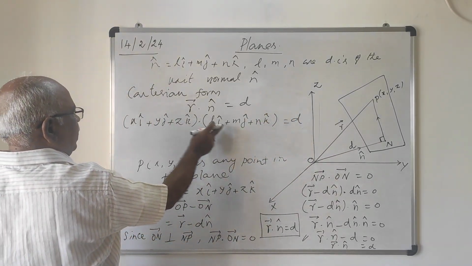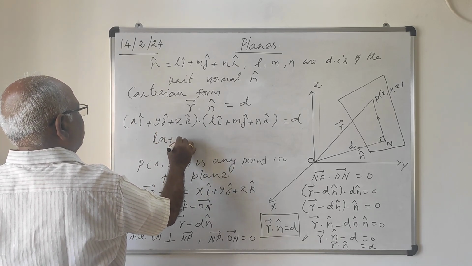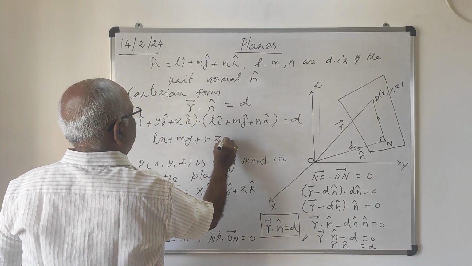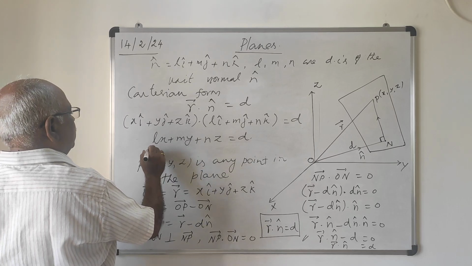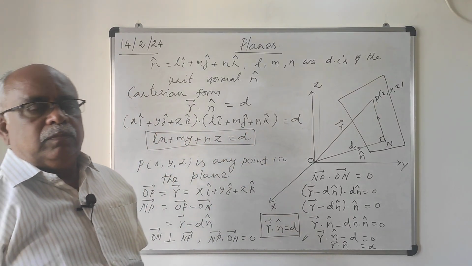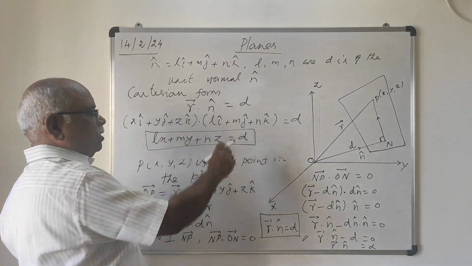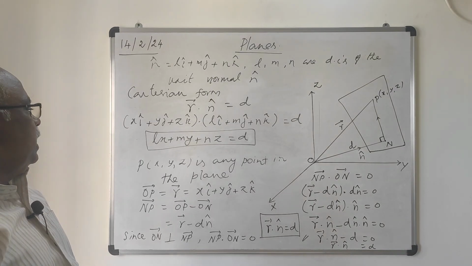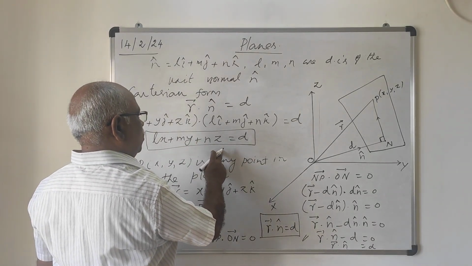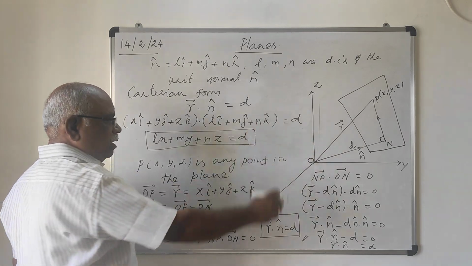Taking the dot product, you get lx plus my plus nz equal to d. This is the Cartesian equation of the plane in normal form, where l, m, n are the direction cosines of the normal vector and d is the perpendicular distance of the plane from the origin.